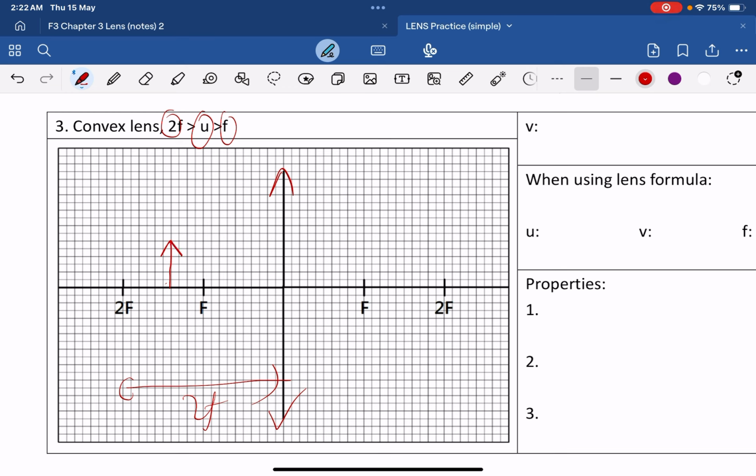And then we draw the light rays. The first one is a horizontal line, and then it passes through the focus. The second light ray is passing through the center of the lens.